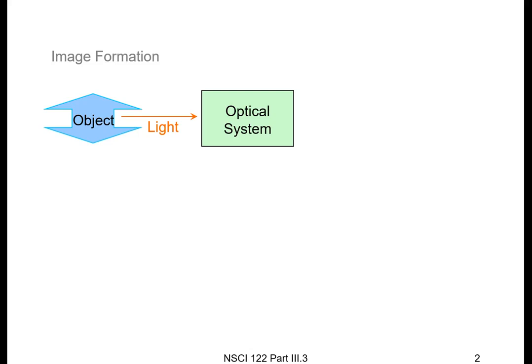Some of that light is going to be directed into what we call the optical system. It is possible to have what's called a transmission object. In that case, the light from the source would go through the object, but those are very special type objects. You might think of an old slide, if you've ever seen one of those carousel slide projectors. The light goes through there.